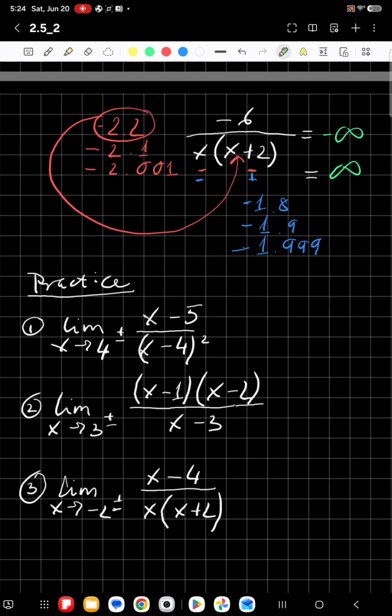Don't forget that you cannot plug in that number c that x approaches into the bottom, but you can always plug in numbers close to it, from the left and right, so the same thing here. Anyway, that's it.